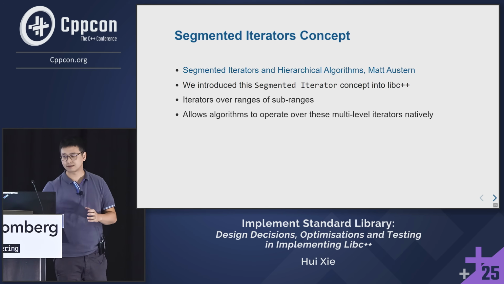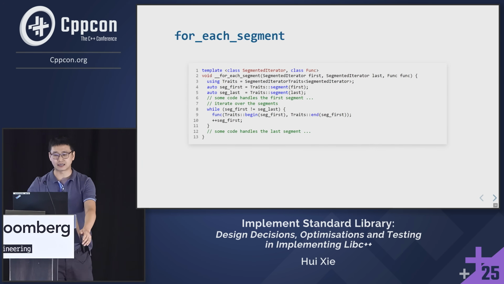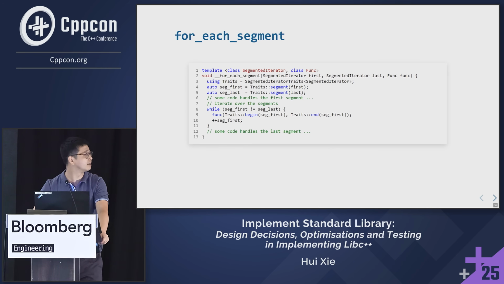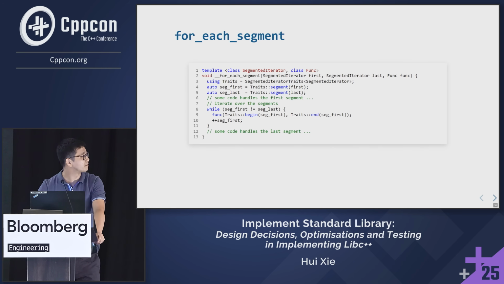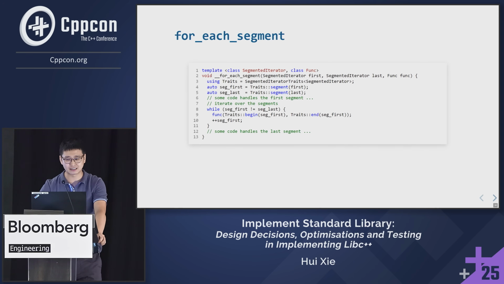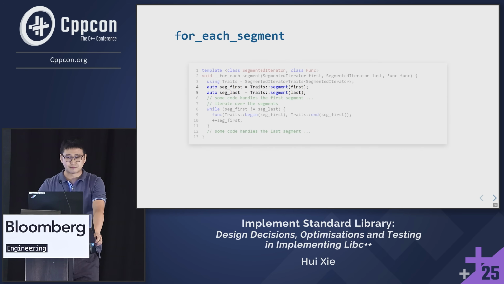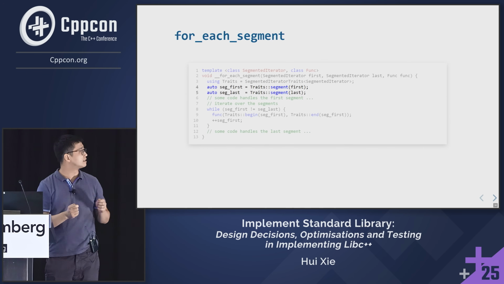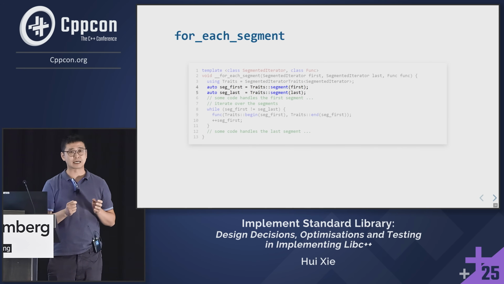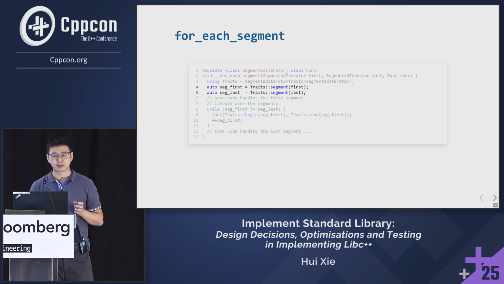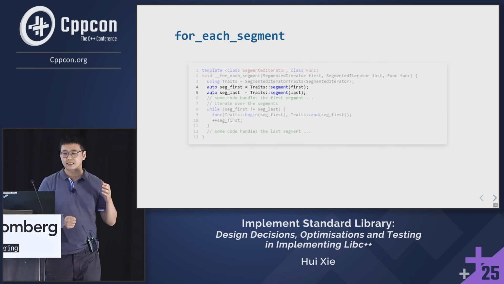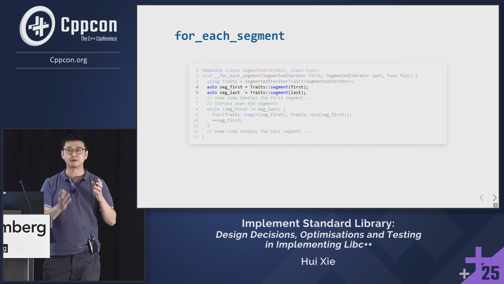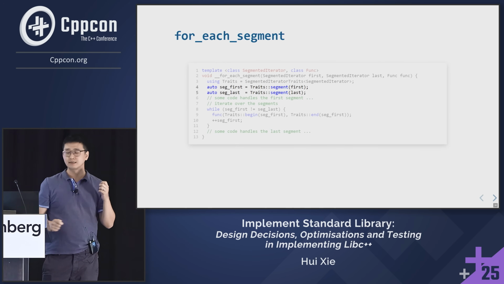So how does that work? Let me show you this helper function first. This is the key of the optimization, for each segment. So first of all, if you pass a range, like a begin and end iterator, that models the segmented iterator concept, we're going to first ask the traits, can you unwrap this iterator and give me the outer iterator?